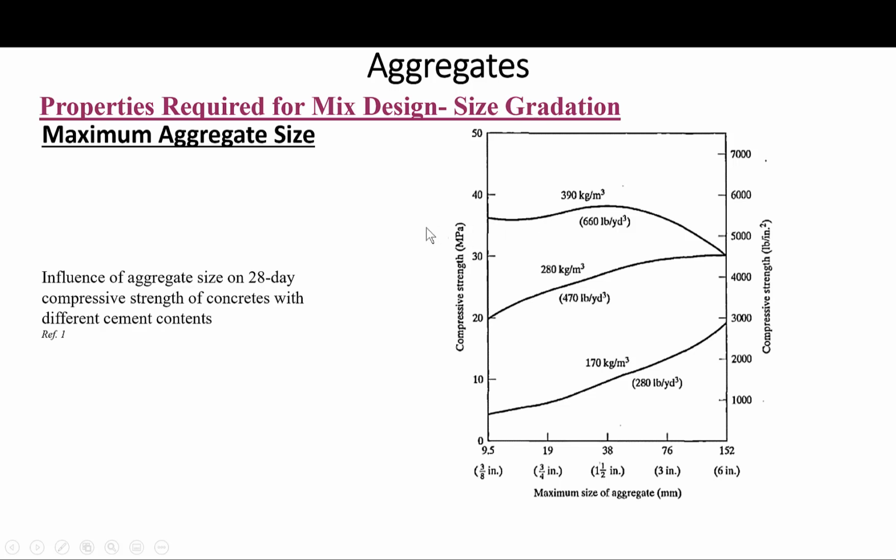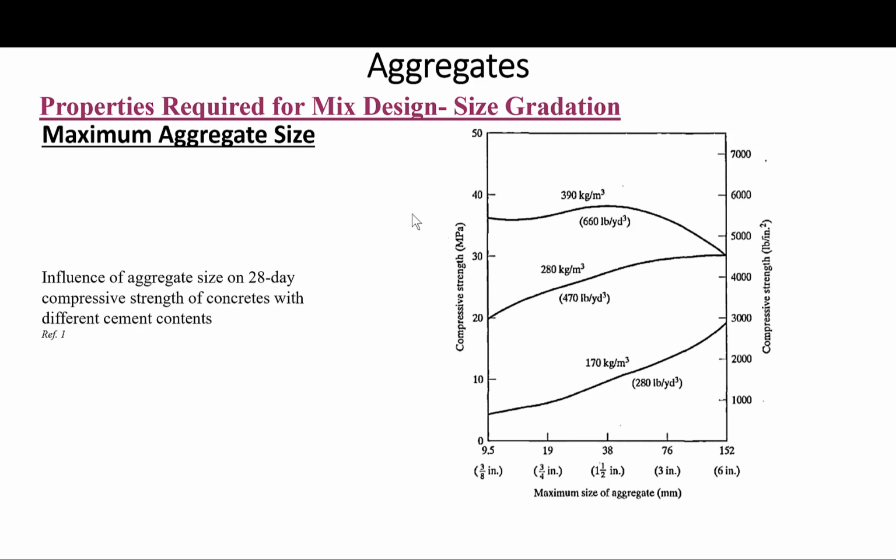So again, when I was talking about compromise and being aware of whatever requirement, if high strength is a requirement of a job, then maximum aggregate size might have to be dropped. You might have to settle for a lower maximum aggregate size.